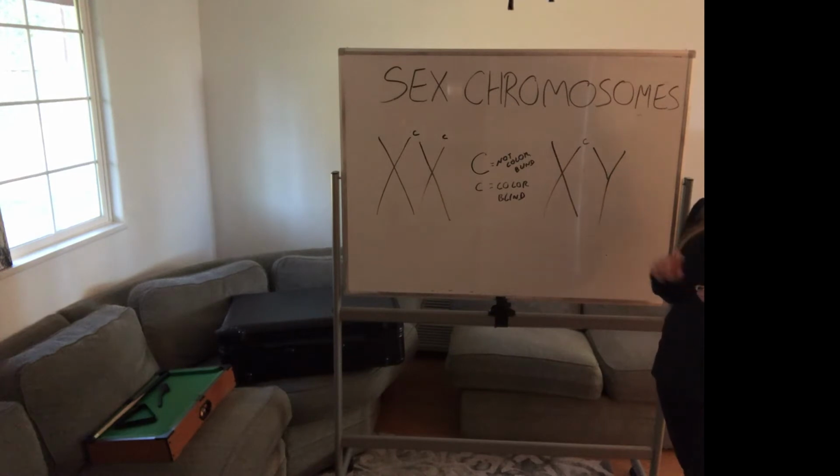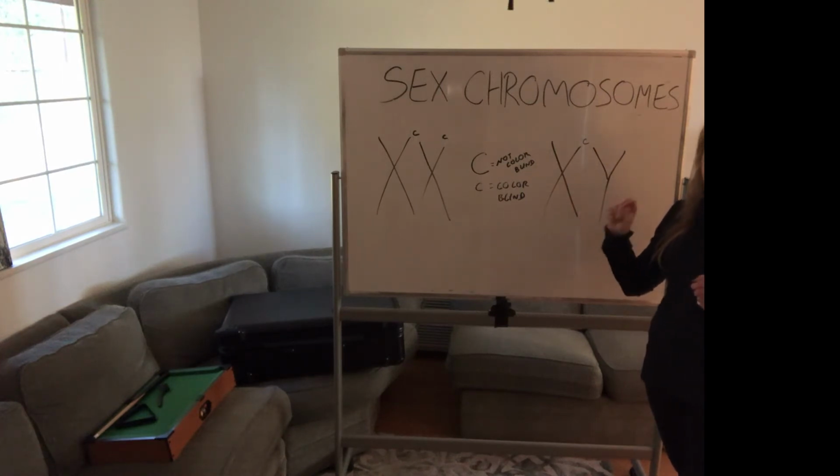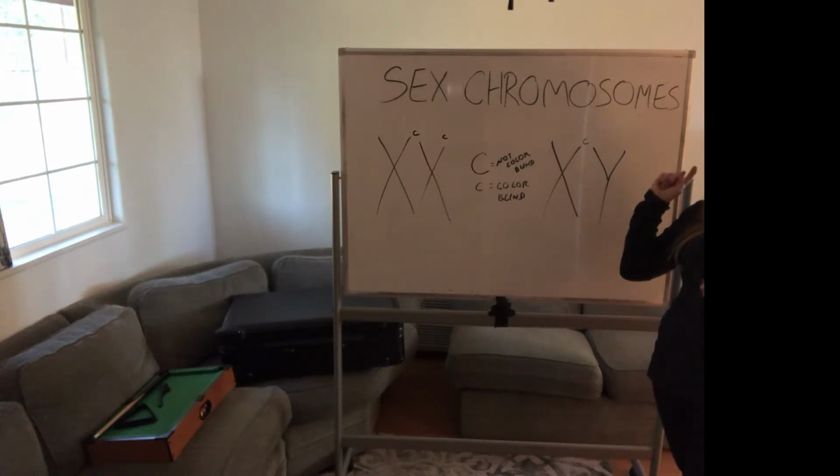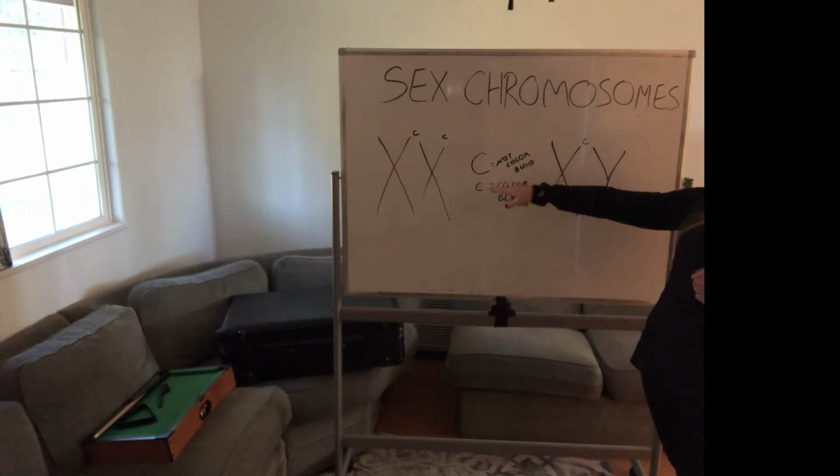So the male only needs one little c to be colorblind, whereas the female needs two. So this is why oftentimes in sex-linked traits, the male more commonly shows that trait, because the male only has one X chromosome. The female needs to have two of them.